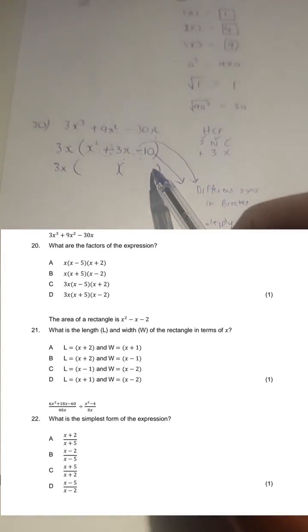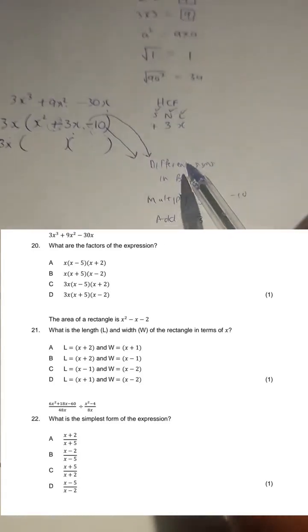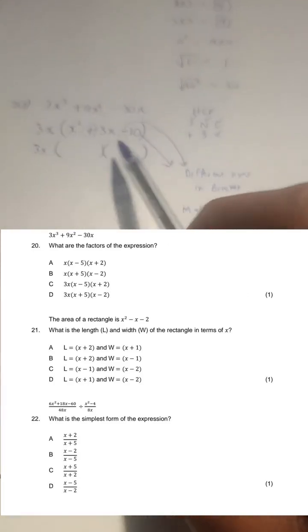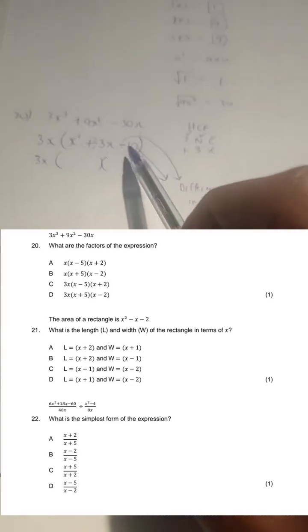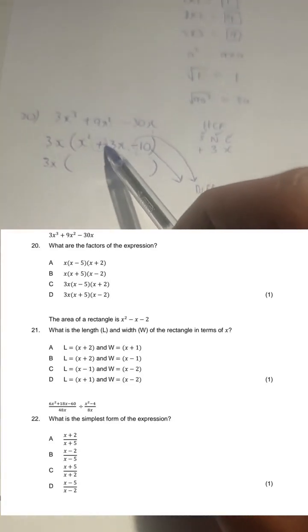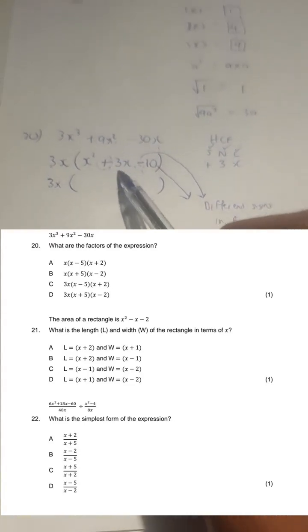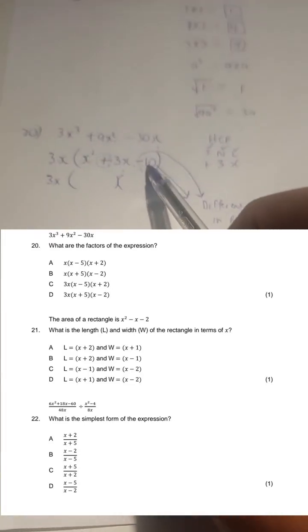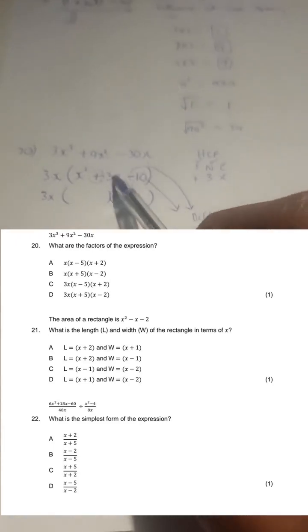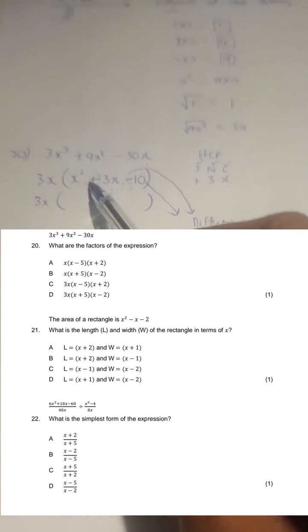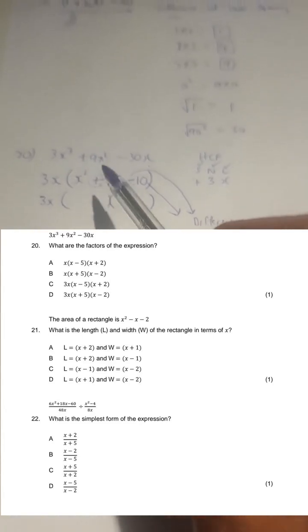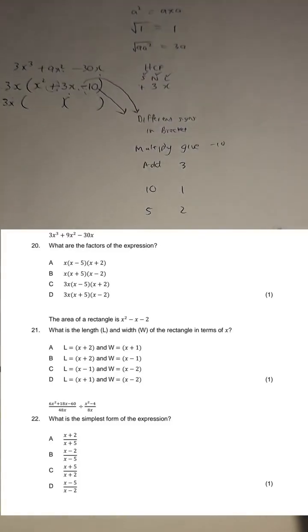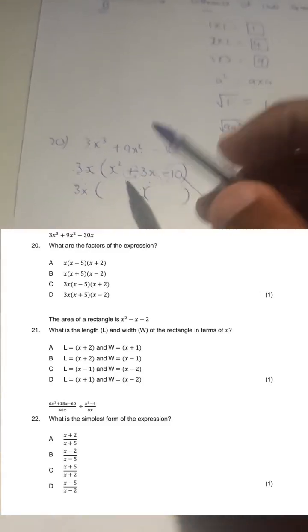So remember, I'm repeating, minus means you're going to have different signs in the bracket. But because this is a positive sign, the highest factor is going to have a positive sign. If there was a negative and another negative, it would still mean different signs for the negative constant term, but then my highest factor needs to be negative. So the highest factor is going to be positive.